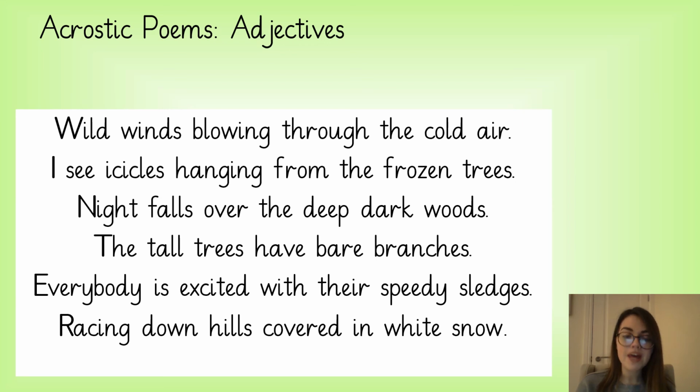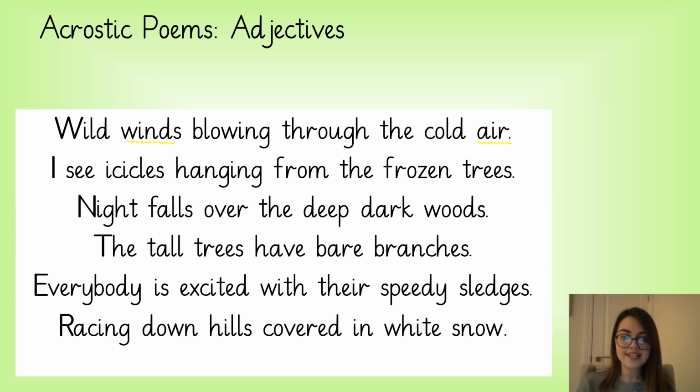Okay, now we know an adjective describes a noun. And remember, a noun is a person, a place, or a thing. Now, in this sentence, I know that there are 2 things. Wind is one thing, and air is another thing. I know that adjectives come before the noun.